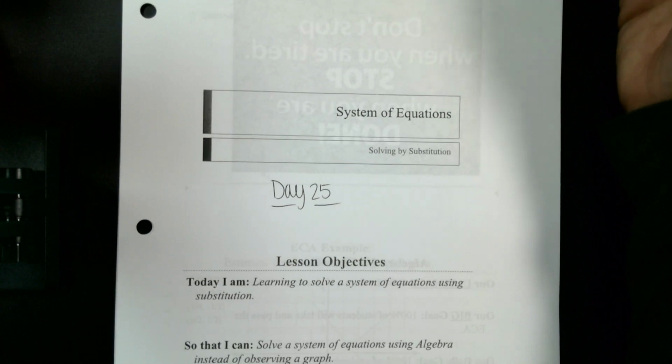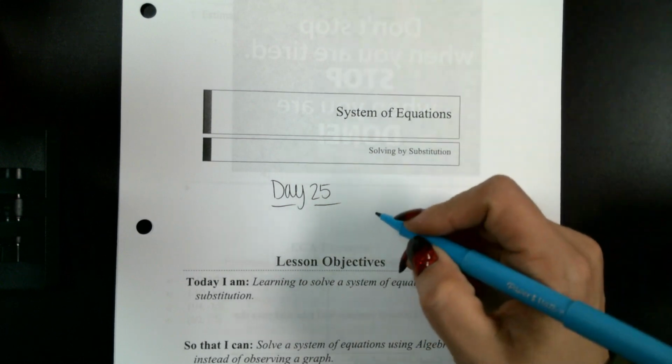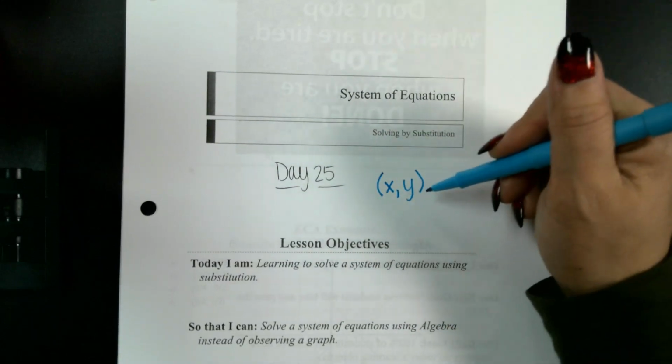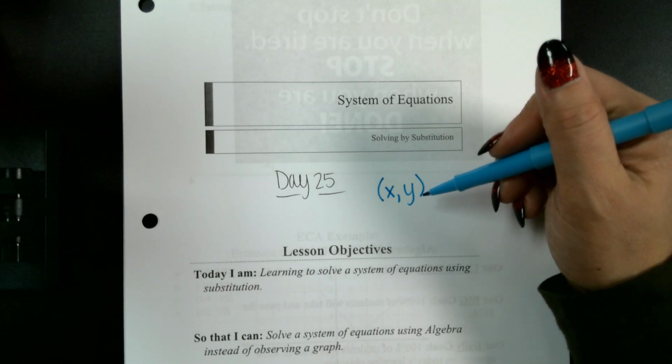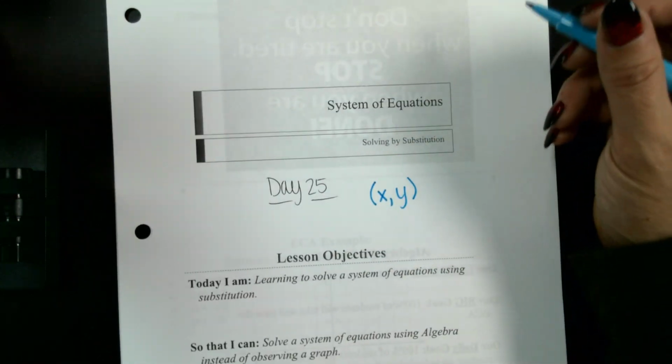So what you were just quizzed over, I would have you graph two lines. You were looking for their point of intersection. Majority of the time, you would graph your two lines, and then you would write your answer as an ordered pair, right? Wherever they crossed, that's what you would say was the solution to the system.